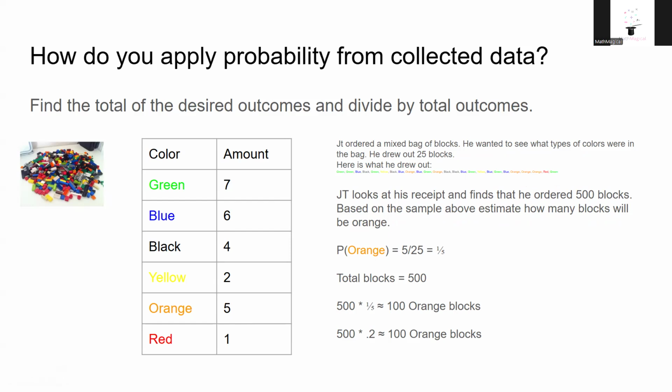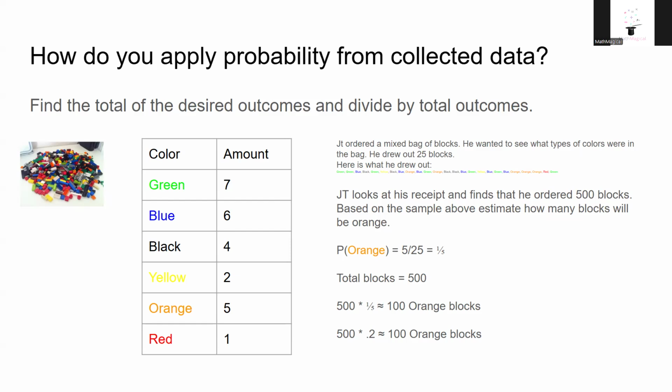That does reduce down to 1/5. We know he ordered a total of 500 blocks. So if we do 500, the total he ordered, times the probability of drawing orange, 1/5, that means there's approximately 100 orange blocks in the bag. You could also convert 1/5 into the decimal 0.2 and do 500 times 0.2. You're still going to arrive at approximately 100 blocks.